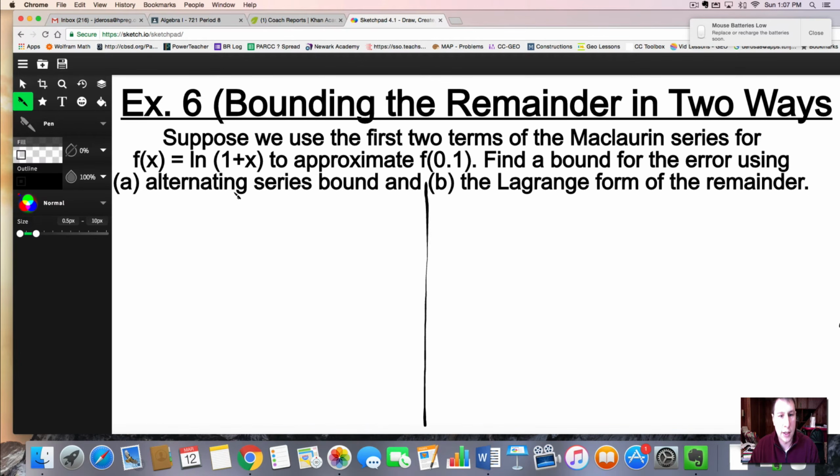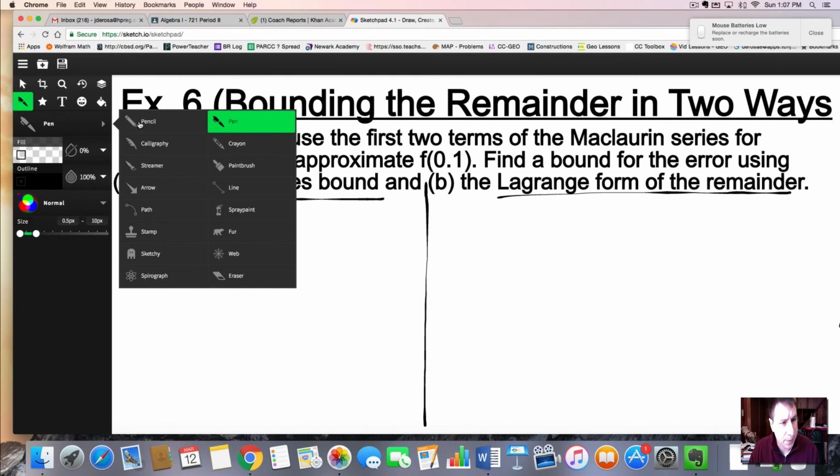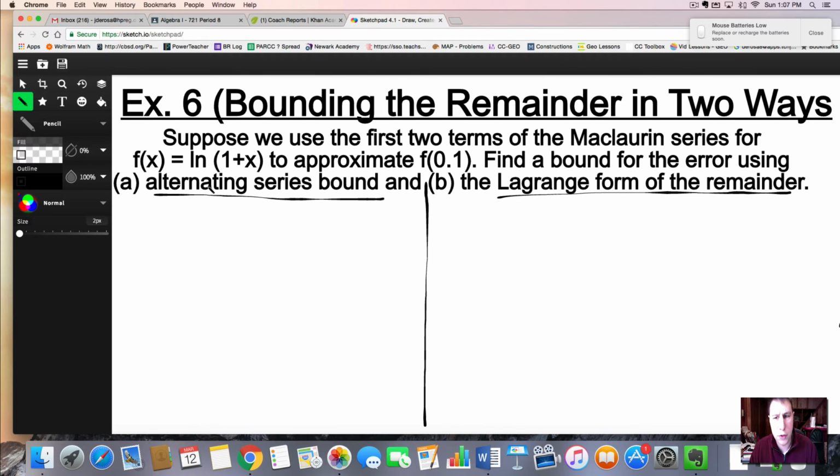On the left side, I'm just going to make a little line down here. We're going to use the alternating series bound, and on the right side, we'll use that new Lagrange formula that we saw on the previous page. So let's see what this is all about. First of all, the first two terms of the Maclaurin series. This is a series that we're supposed to have memorized, ln of 1 plus x, but if you don't have it memorized, you can look back into your previous packet as well as your notes.